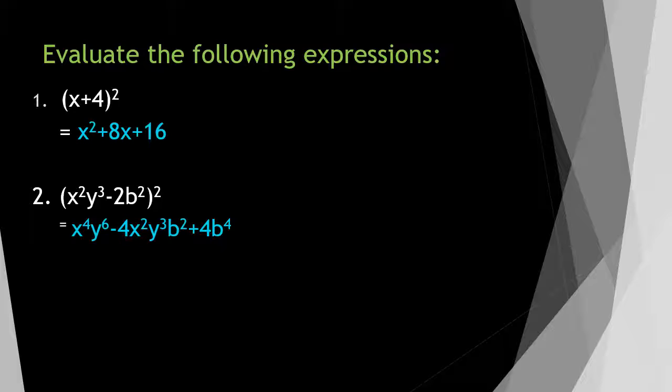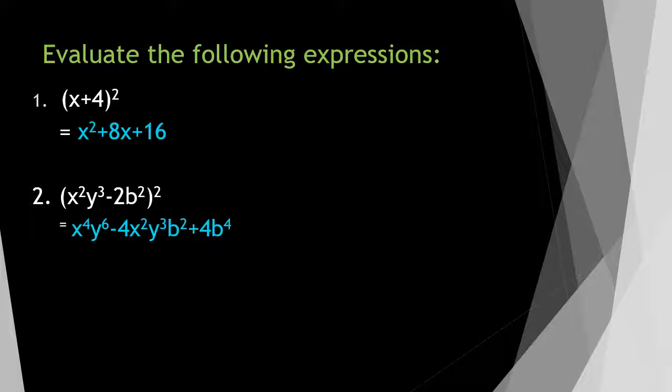If you are wondering why it is negative 4x squared, y cubed, b squared, it is all because this kind of binomial has a negative sign on its last term. So we have a negative sign on the second term of the product.